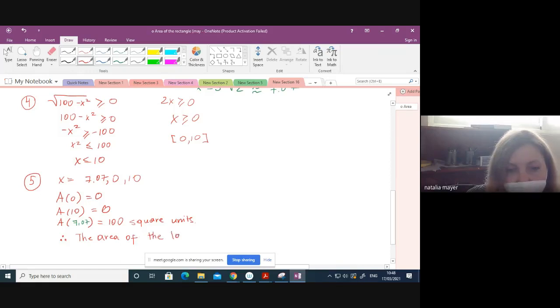It's important to mention that it's not just the area of the rectangle, because the question wants us to get the largest one. So the area of the largest rectangle is 100 square units.